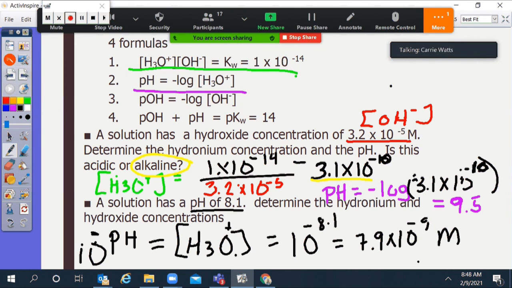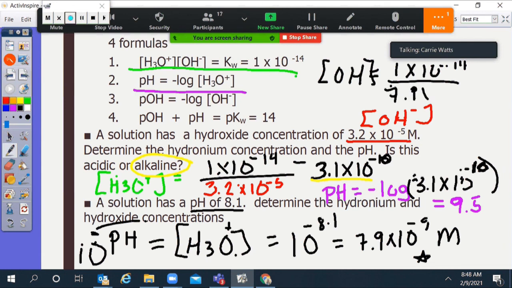And then I could use, I'm going to go up to the top since I'm running out of room, I could use the law of mass action, equation number 1, to find the hydroxide concentration. Okay, so taking 1 times 10 to the negative 14th divided by 7.9 times 10 to the negative 9th.